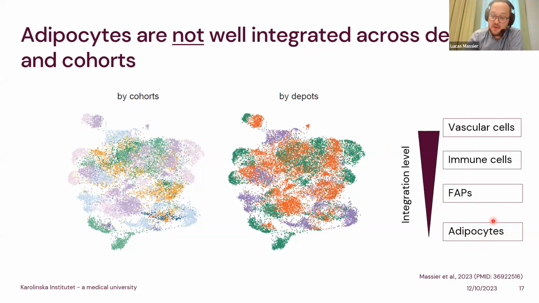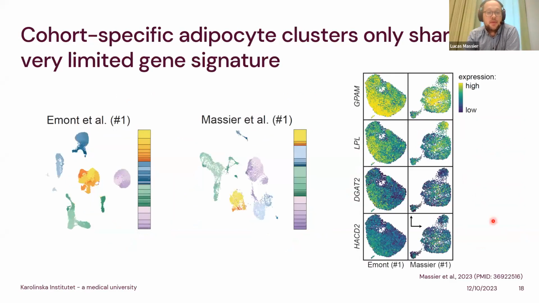We proceeded to look at this a bit more systematically. And of course, if we analyze individual data sets, we do see different adipocyte clusters. Here in Evans' data and in our data set, we see different adipocyte clusters, and adipocytes make up about the same proportion of cells or nuclei.